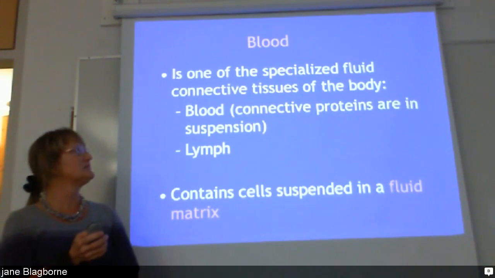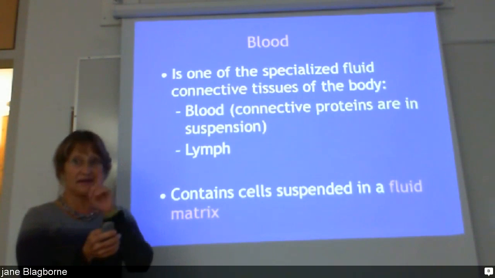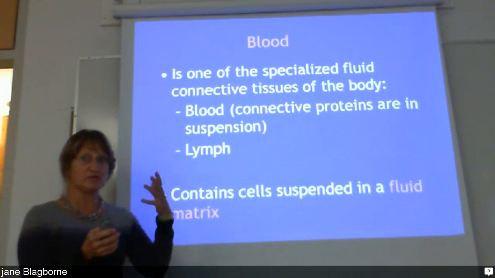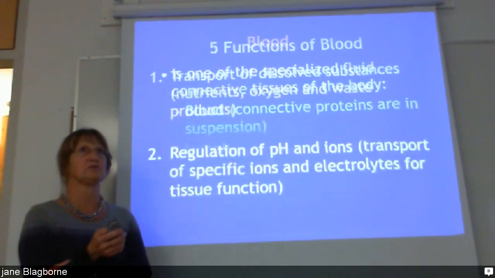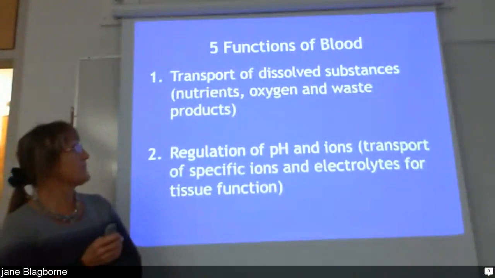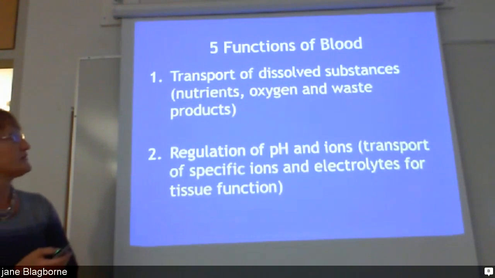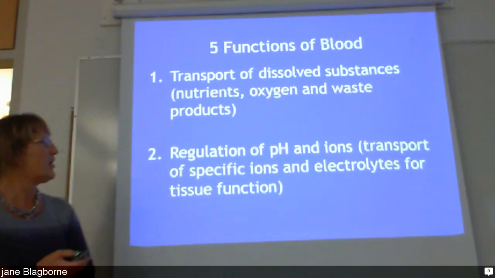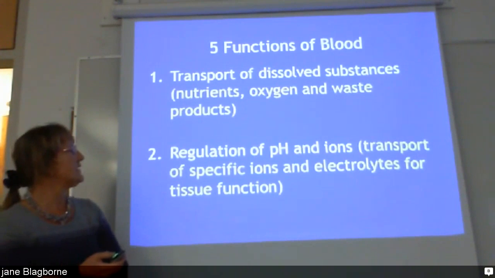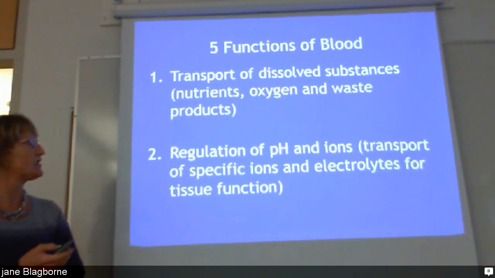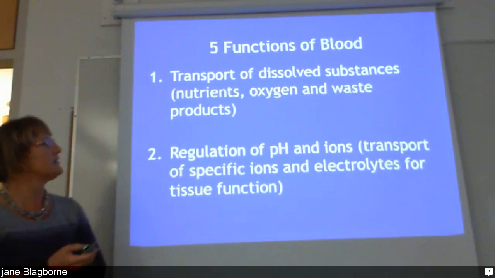I'm just getting the online students up to speed for studying for the exam too. So the functions of the blood: it transports dissolved nutrients or dissolved substances. Oxygen is a big one, of course, and it moves away the waste products to the kidneys and to the liver.